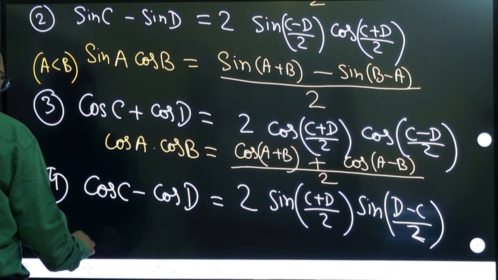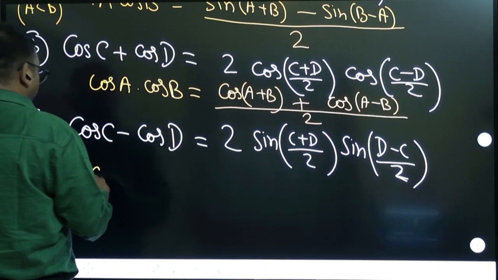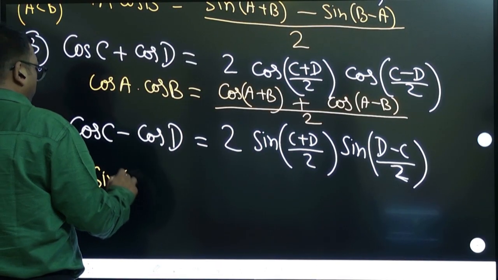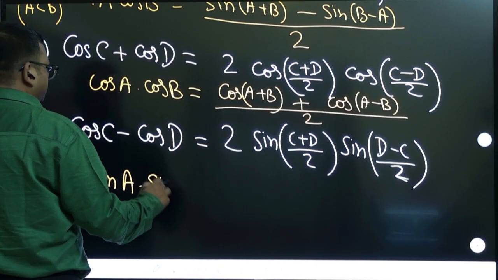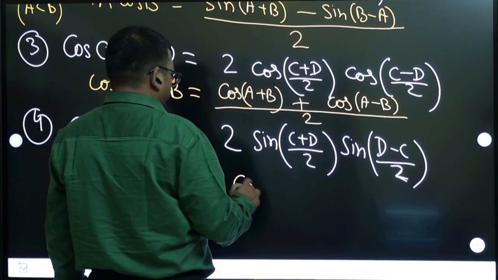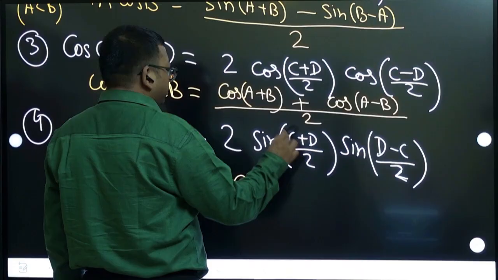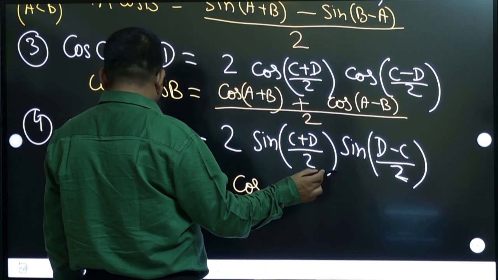Similarly, let us write the corollary for sin A into sin B. Sin A into sin B can be written as cos C, I want. That means I need to do this minus this.